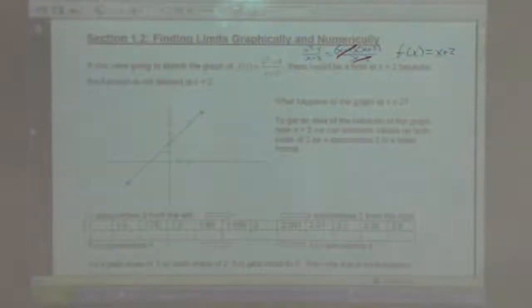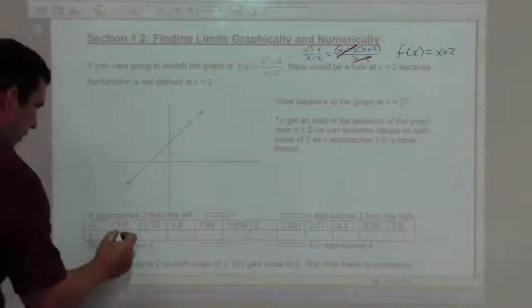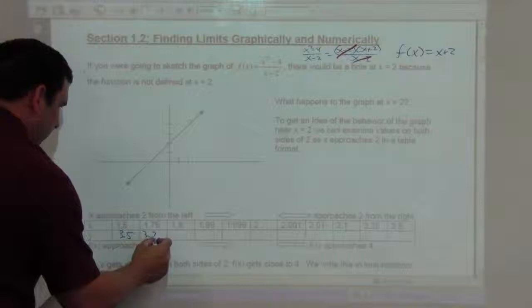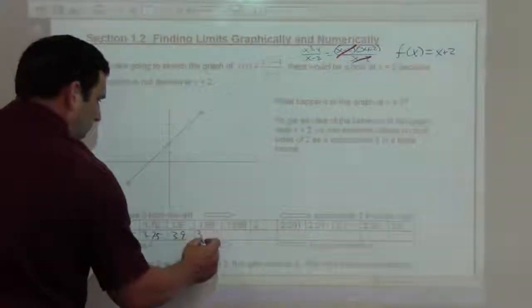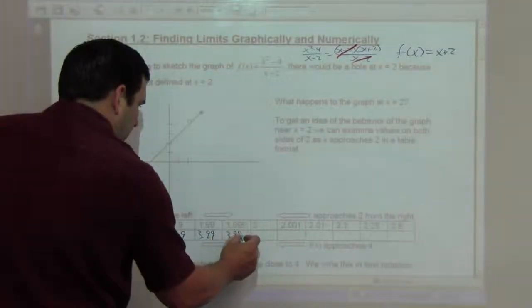So I'm going to go back to our notes, I should say. If I start filling these values in, 1.5 we said was 3.5. 1.75 is 3.75. 1.9 is 3.9. 1.99, 3.99. 1.999 is 3.999.